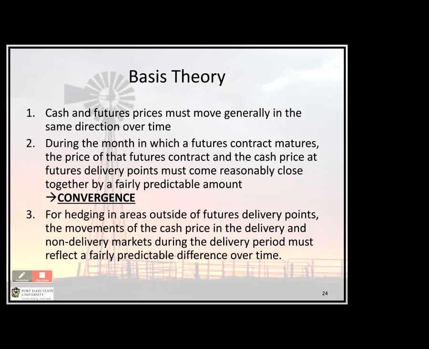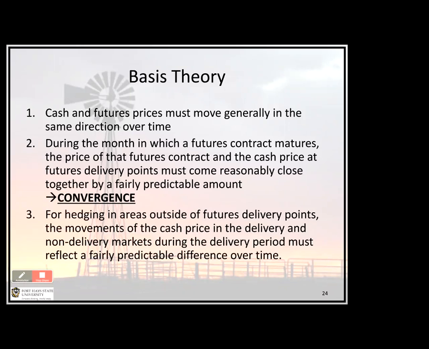Anybody in the Kansas City area ought to quickly sell a July Kansas City wheat contract and then deliver on that. They make $1 a bushel. And so that's arbitrage seeking. Enough people will do that it'll bring the prices back together. They'll converge.